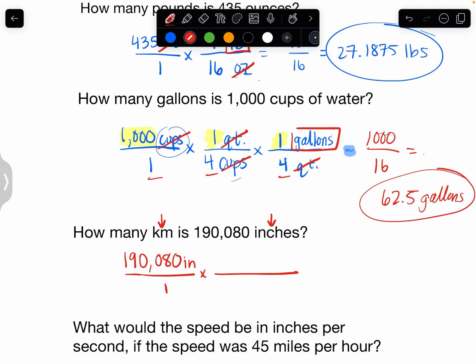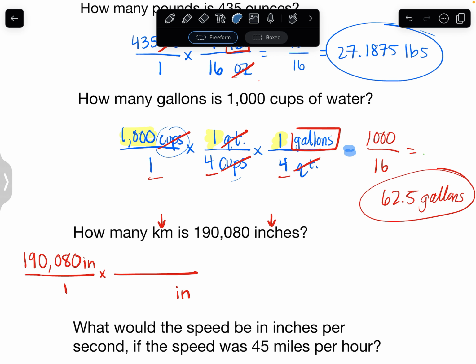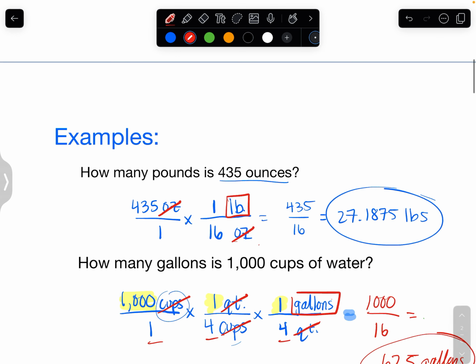Right off the bat, I need to have inches in the denominator, and I'm working towards getting it in kilometers. Kilometers is like their miles in Europe or in other countries.